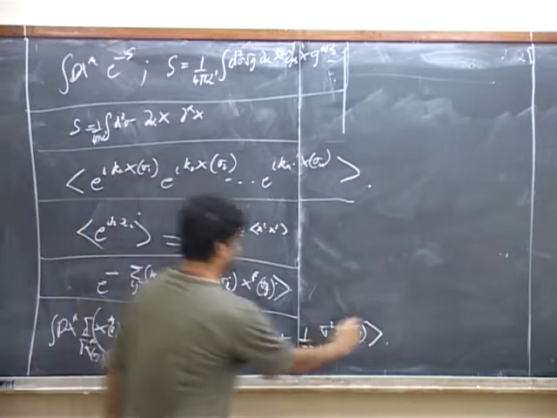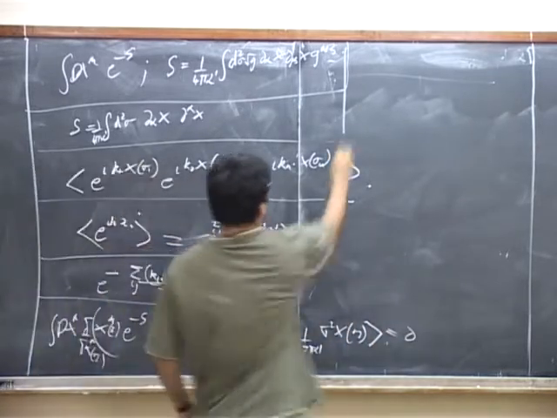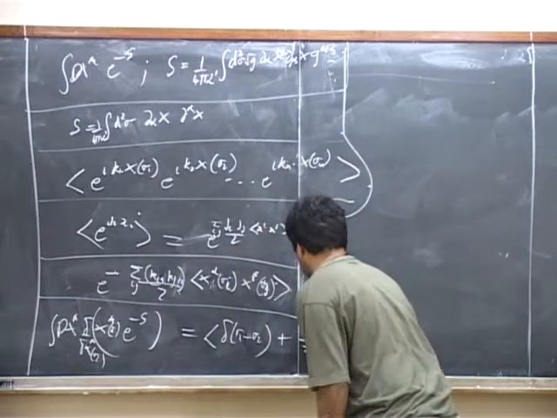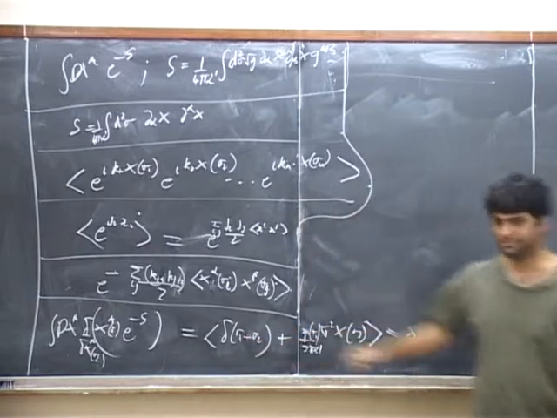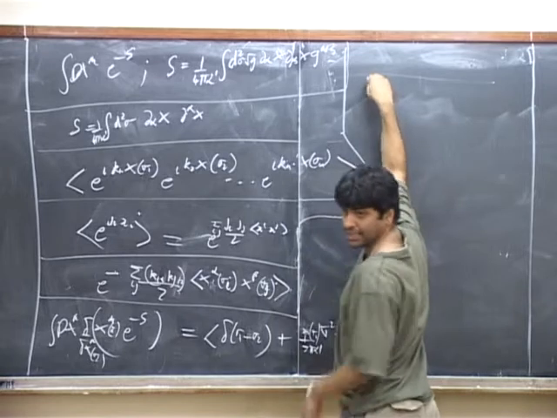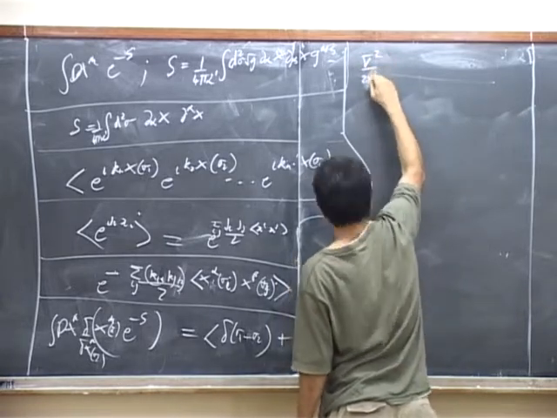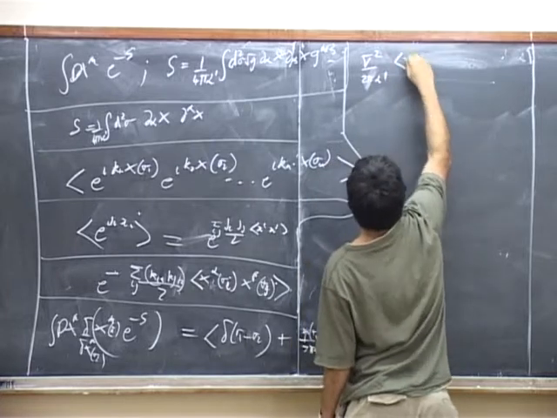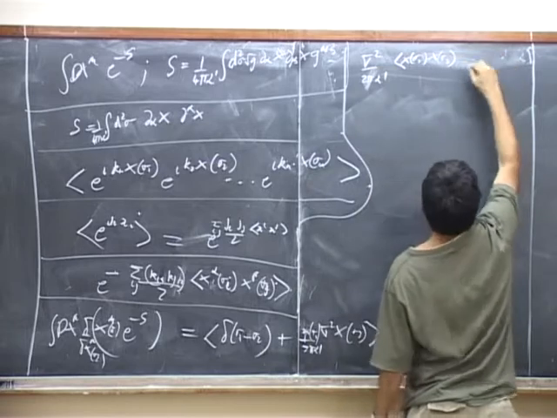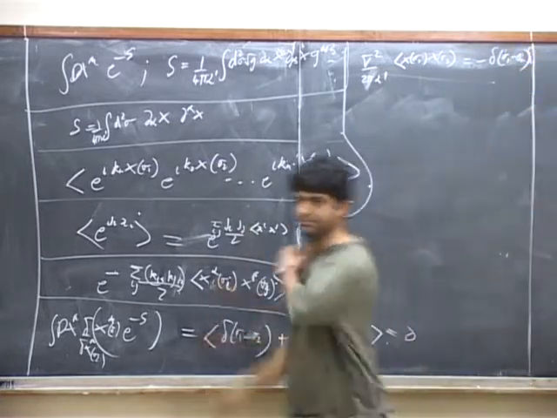So this is equal to 0. Okay. So that tells us that the 2-point function obeys the differential equation del squared by 2 pi alpha prime on x of sigma 1, x of sigma 2 is equal to minus delta of sigma 1 minus sigma 2.